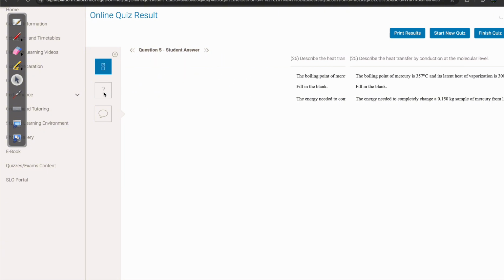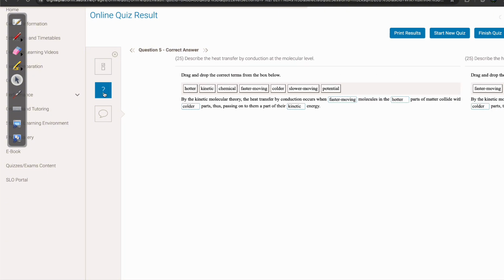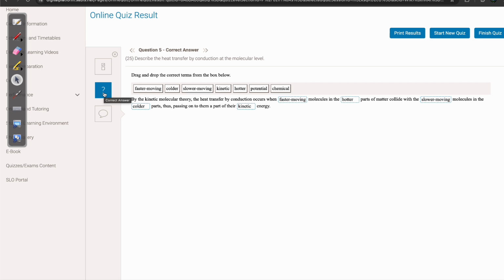Number 5. By the kinetic molecular theory, the heat transfer by conduction. Look, conduction is a way to transfer heat when two objects are touching.